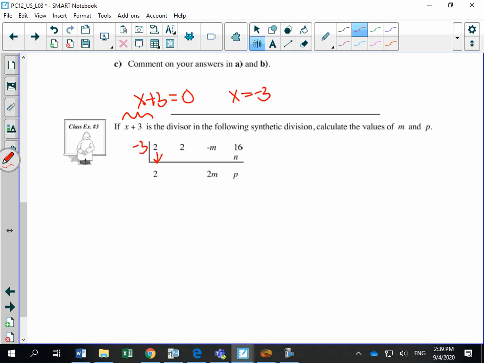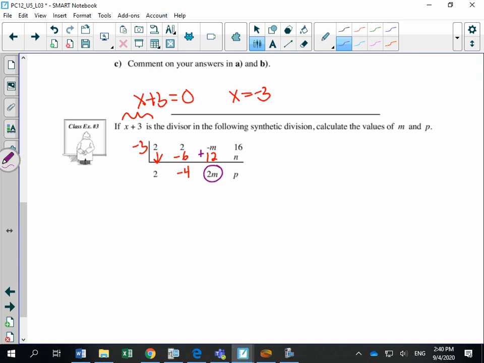They drop down that 2, which is correct, and then we need to perform a multiplication. So 2 times -3 is -6. When we add these two together, you're going to get -4. -4 times -3 is 12. Now you know that we need to add those two to get this answer.